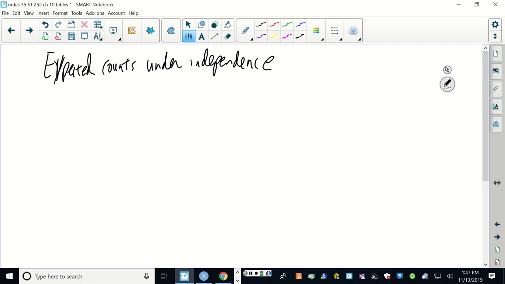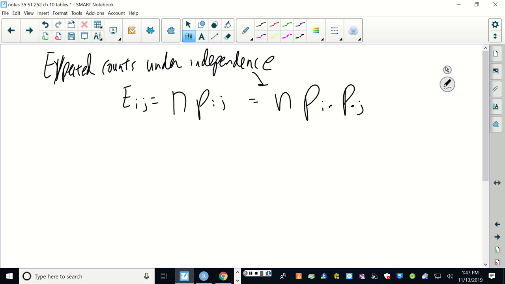In general, the expected value is the number of subjects we have times the probability. But under independence, it becomes n times the row probability times the column probability. And we're going to estimate that by putting in the sample.